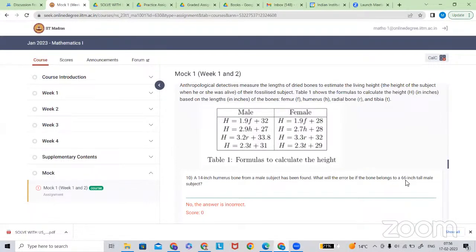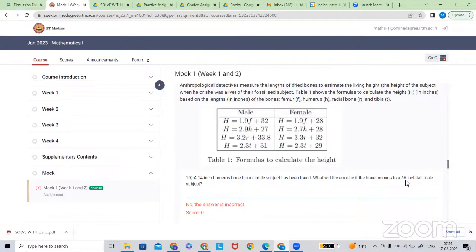That is the question. So sir, you're saying that if we substitute 14 inches in place of small h, we can get the height. And to find the error, we substitute capital H as 66, and see what error we get?